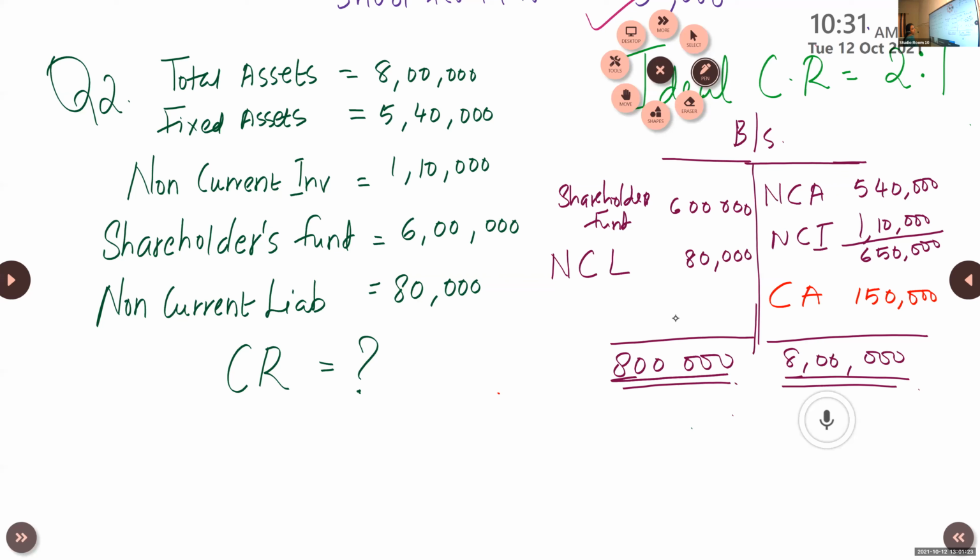So how much is current ratio? Current ratio is equal to CA by CL, that is 1,50,000 divided by 1,20,000. Please tell me the answer fast.